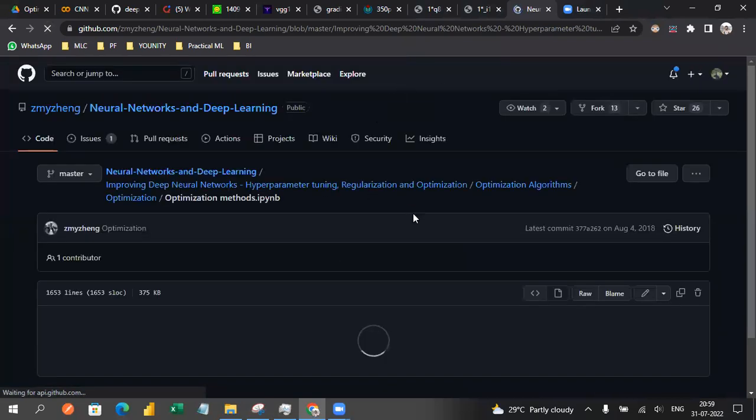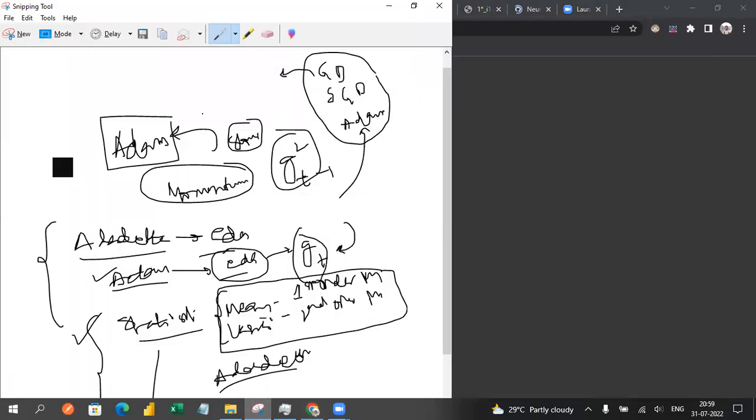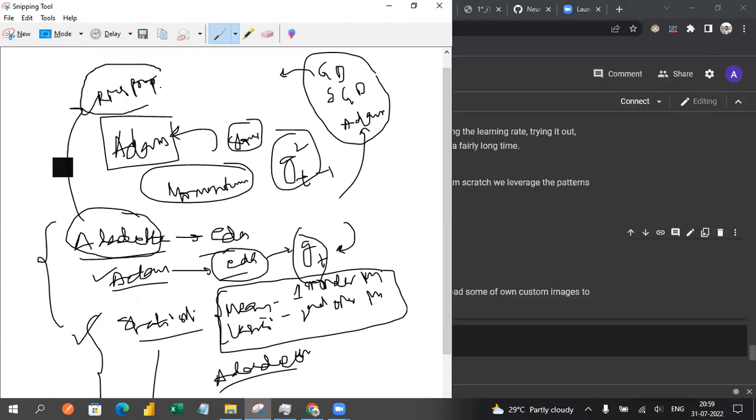When we realize the CNN, whatever we learned in the task with respect to the CNN, this is also very helpful. We can try to implement it using Ada delta and RMSprop, which has similar functionalities to what we learned in Ada delta. RMSprop is also very popular, I can say. This is one of the optimization algorithms we had.